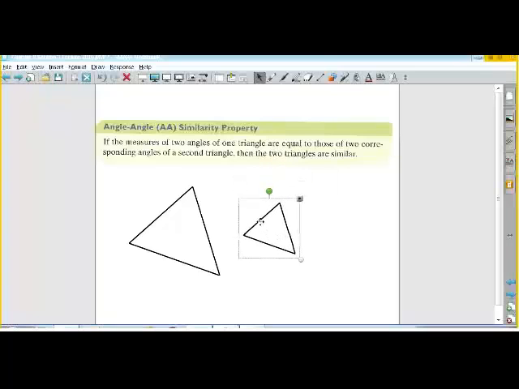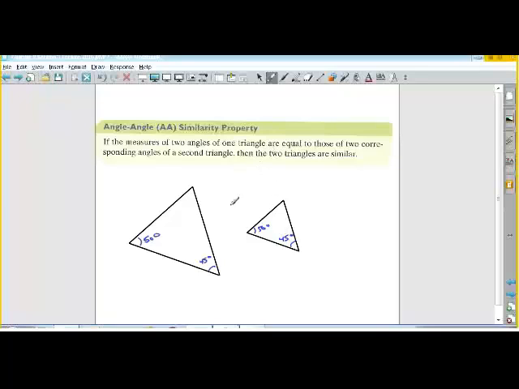So now these are two similar triangles. So what it says, let's say this angle is 50 degrees. And this one's 50 degrees. And this one is 45 degrees. And this one is 45 degrees.